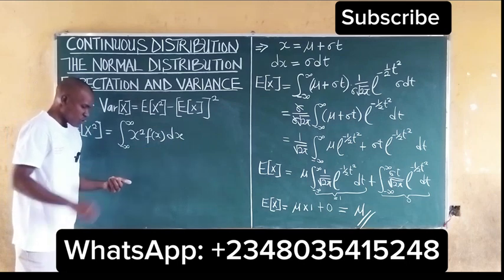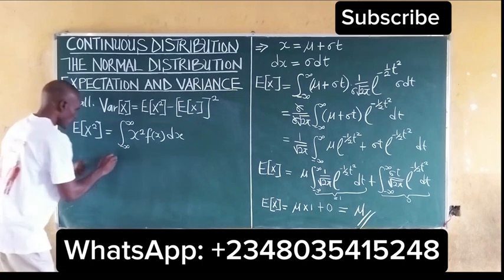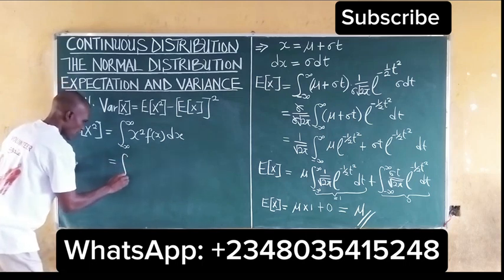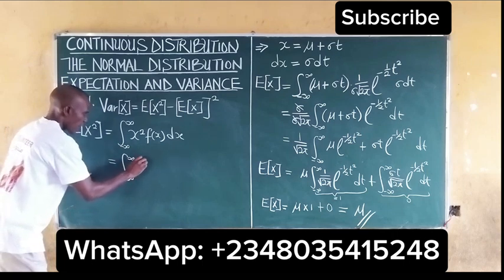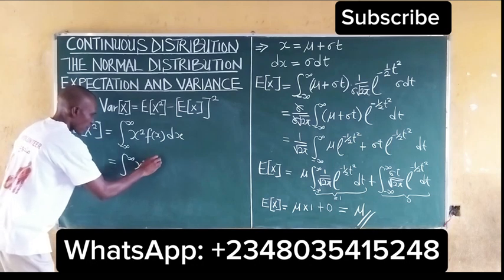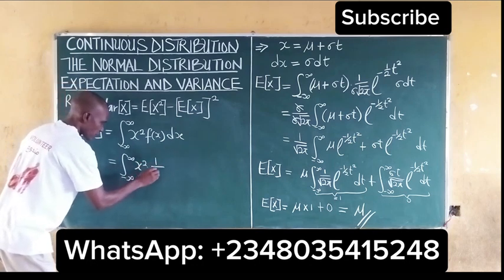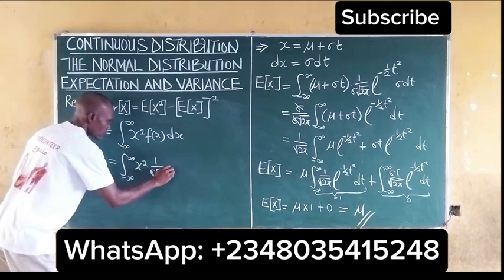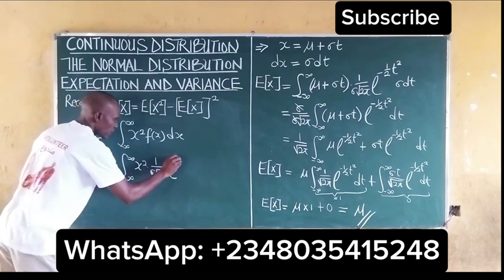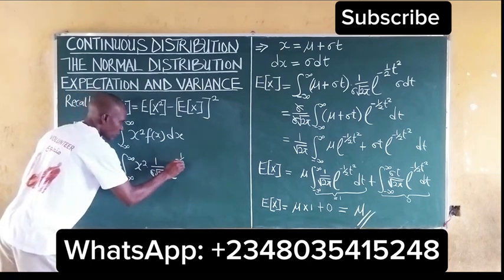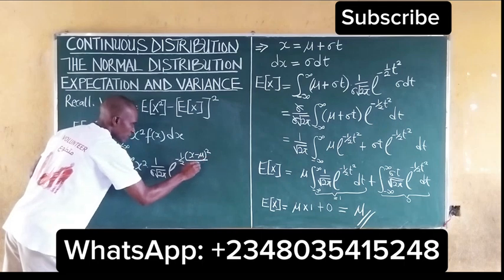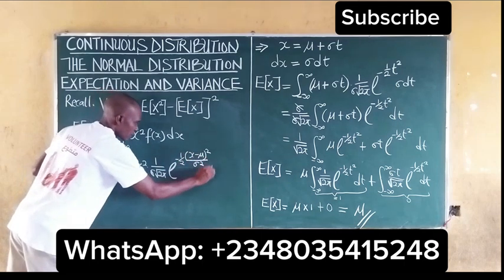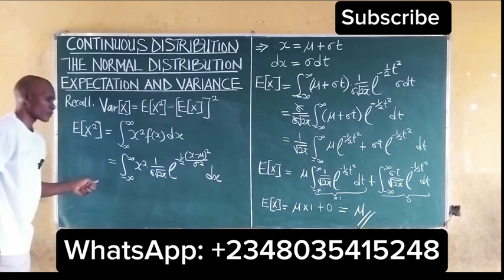The next thing to do is to substitute the PDF into this, which is equal to the integral from negative infinity to infinity x squared multiplied by 1 all over sigma square root of 2 pi, exponential negative 1 all over 2 x minus mu squared all over sigma squared dx.